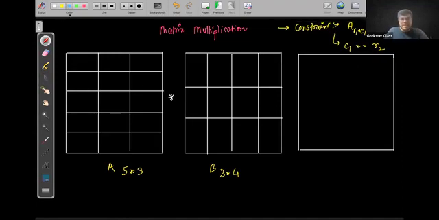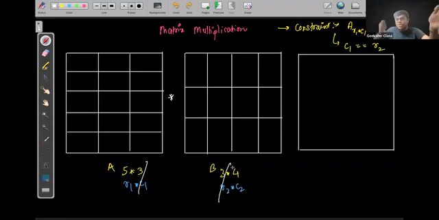See, resultant will be whatever dimension is common, cancel out that. Like A will have R1 cross C1, B will have R2 cross C2. So since C1 is the same as R2, cancel out this. The resultant will be 5 cross 4.